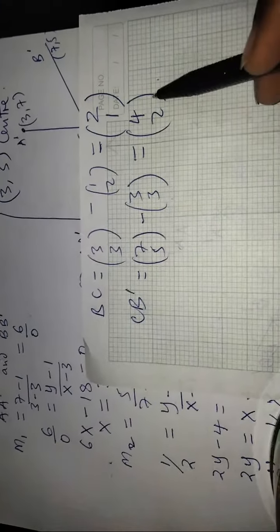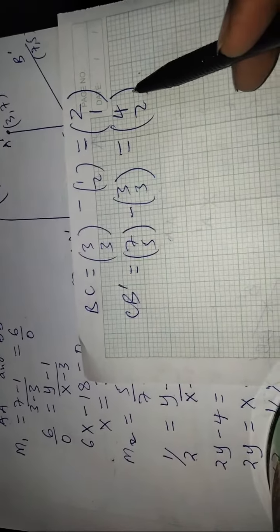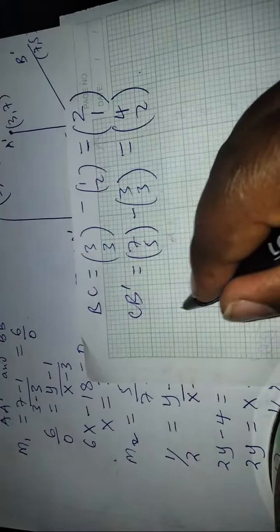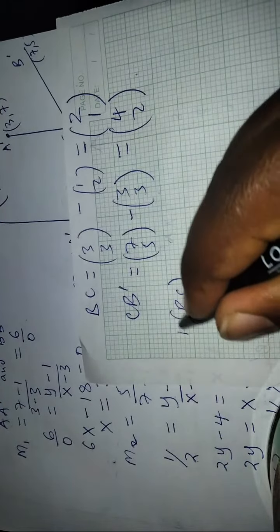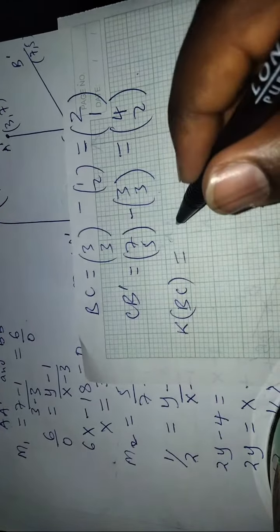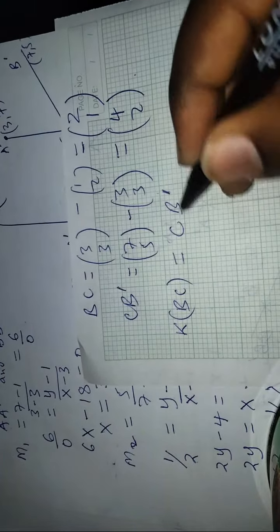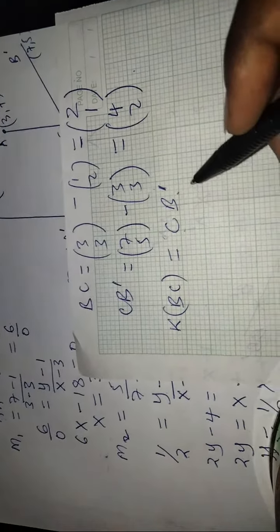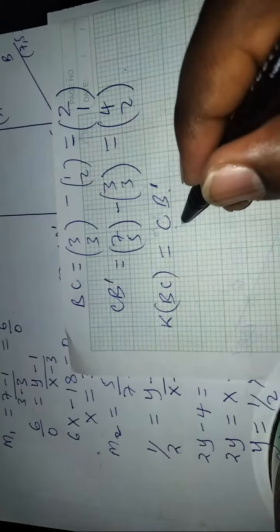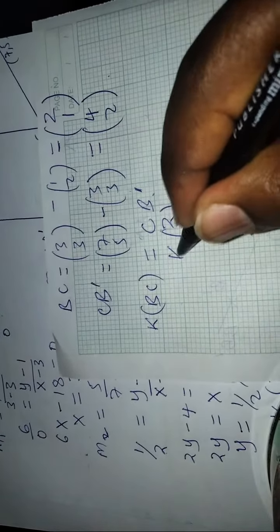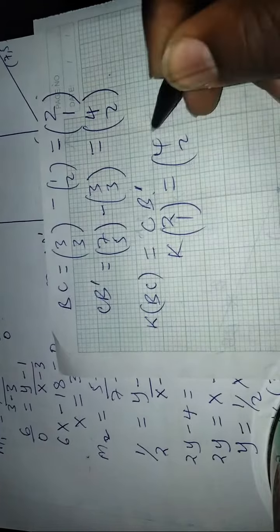Therefore, now we can see whether the two vectors are interrelated. So we need vector BC to be multiplied by a certain scalar, call it k, to give us CB prime. Therefore, we will have (2, 1) multiplied by k to be equal to (4, 2).